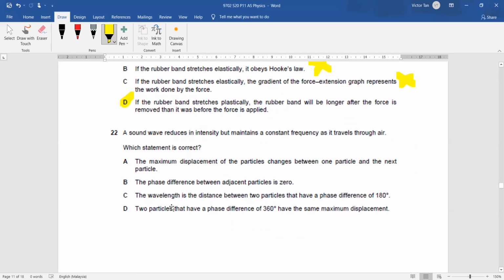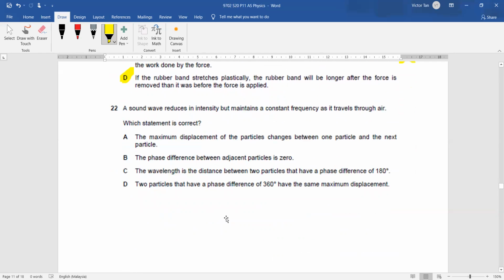A sound wave reduces in intensity but maintains a constant frequency as it travels through air. Which statement is correct? Changes between one particle and the next particle. Constant frequency.